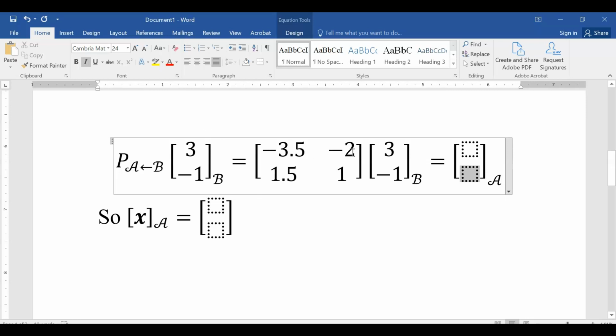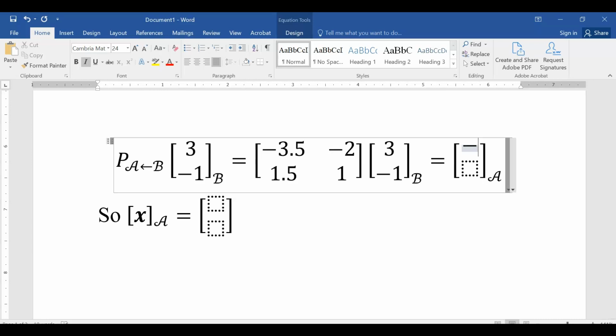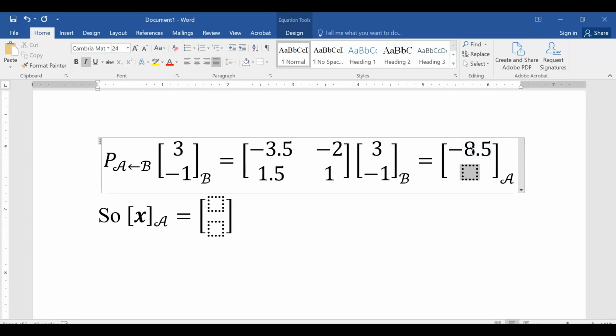So negative 3.5 times 3 plus negative 2 times negative 1 gives me a negative 8.5 as my first entry. And then I'm going to take 1.5 times 3 plus 1 times negative 1. That'll give me a 3.5 as my second entry.